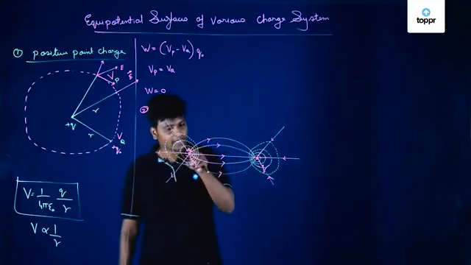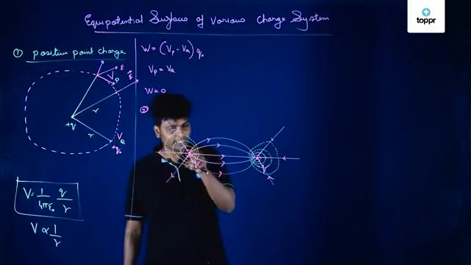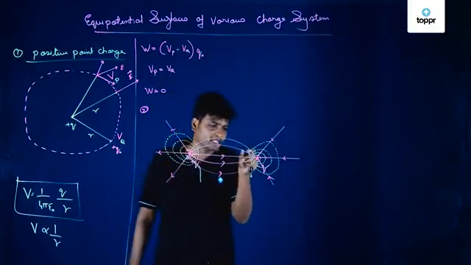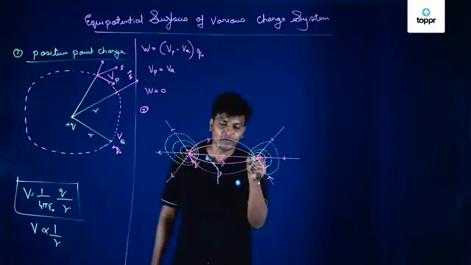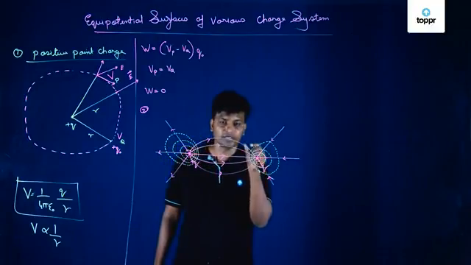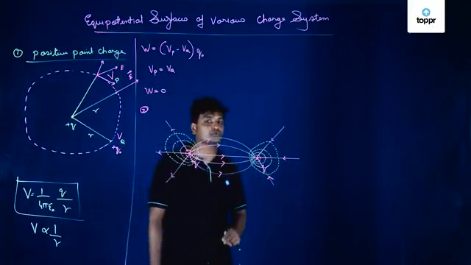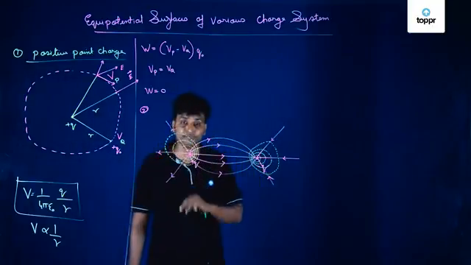That's the reason why the equipotential surfaces are more crowded in this region, and even in this region. Have you understood the third property as well?